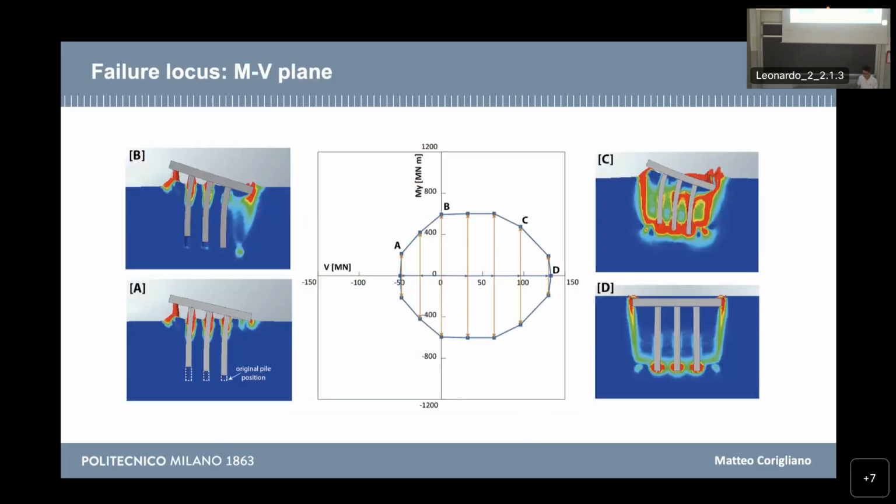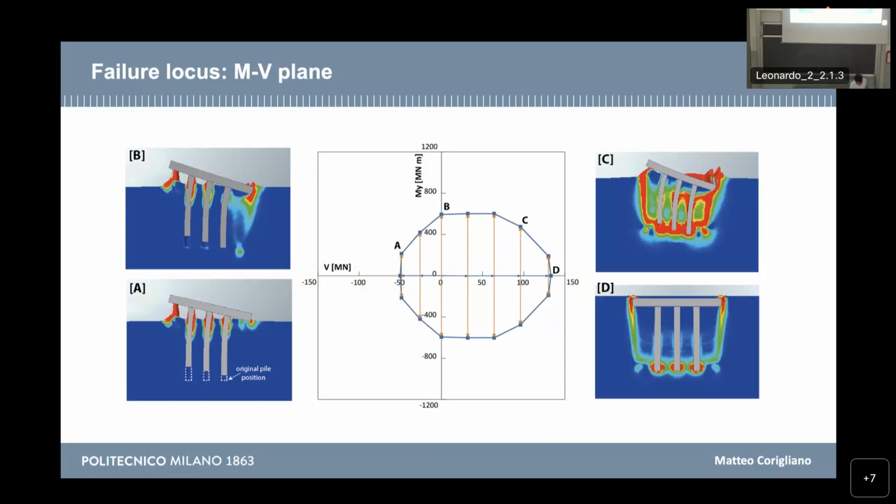And the first ingredient is the failure locus. Performing a lot of numerical analysis on this typical geometry, I found the failure locus, which has this particular shape in the bending moment vertical load plane.